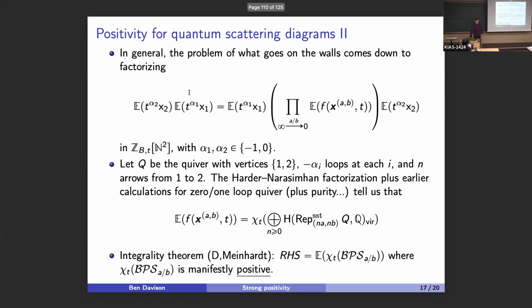And this is exactly where an old theorem of myself and Sven Meinhardt comes to the rescue. So we proved that the right-hand side, this thing, is this thing. You take some BPS AB.